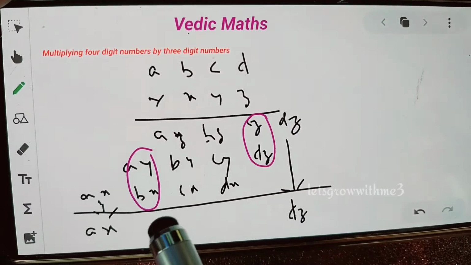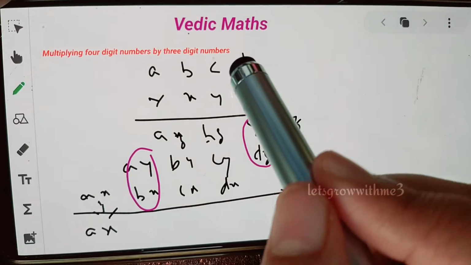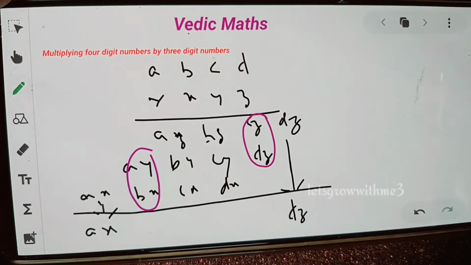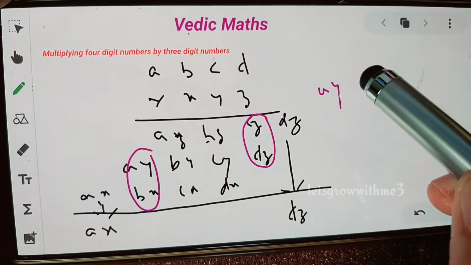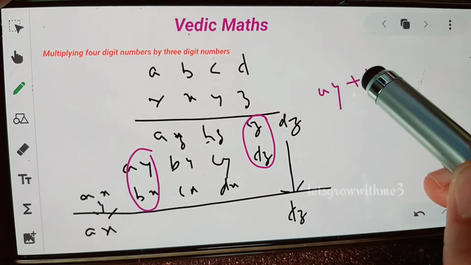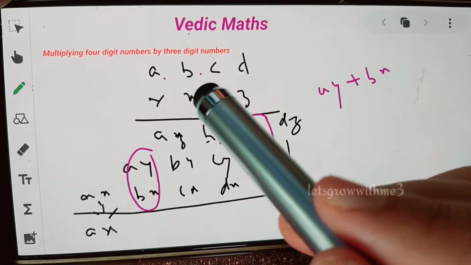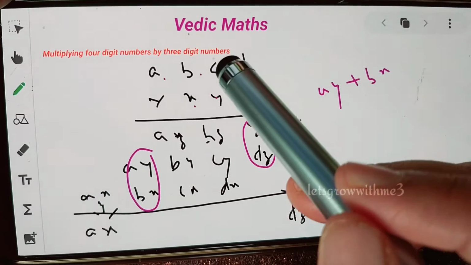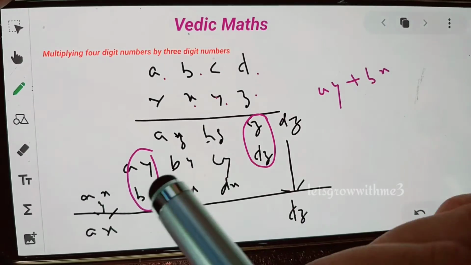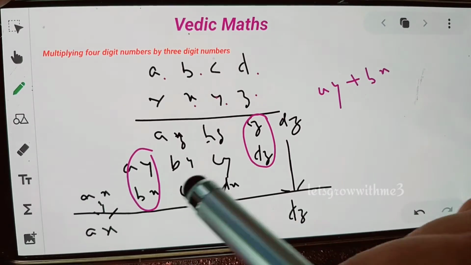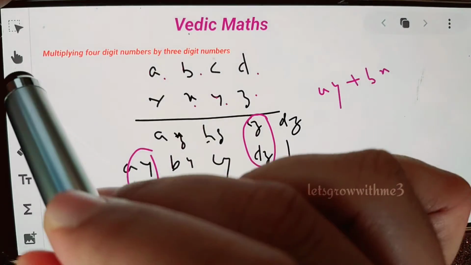The next two values from both ends come from the cross method: ay, bx, and on the other side cz, dy. On both sides these values come from our cross technique, which we also discussed in our earlier videos when dealing with a 2 digit multiplier and a multiplicand of some digits.